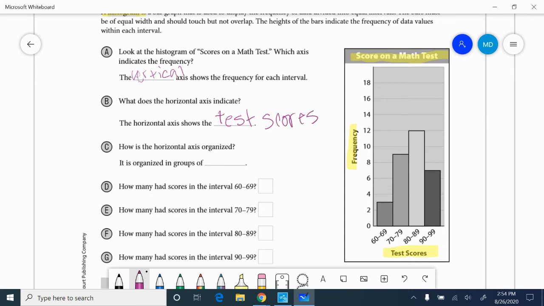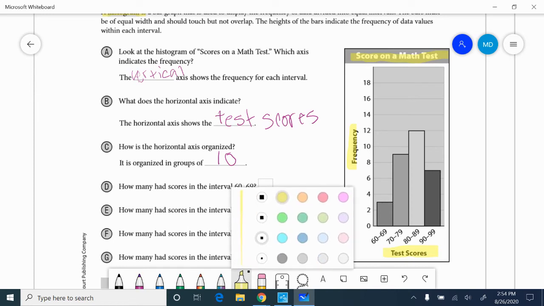How is the horizontal axis organized? If we look at the horizontal axis, the way these numbers range, each of the bars is a group of 10. How many had scores in the interval of 60 to 69?